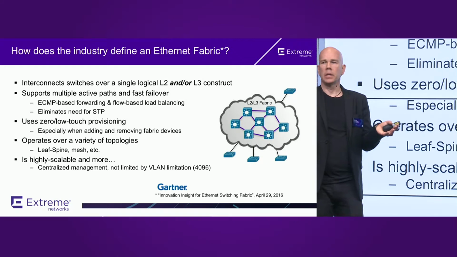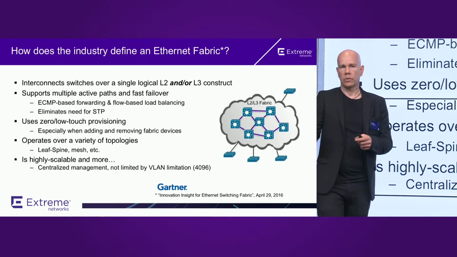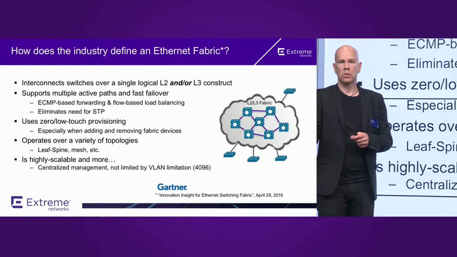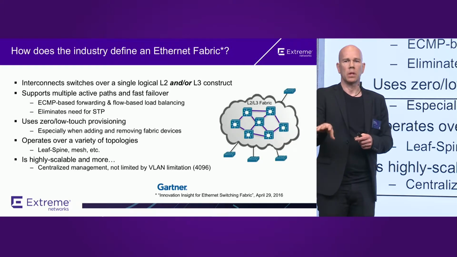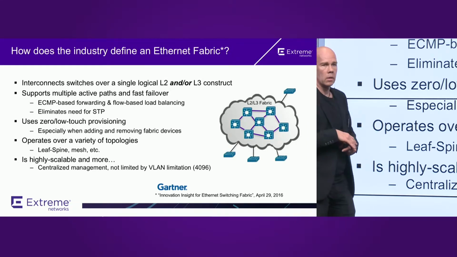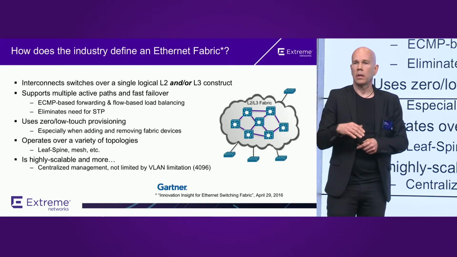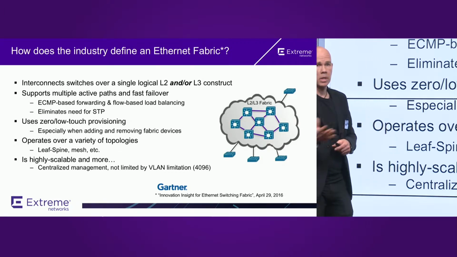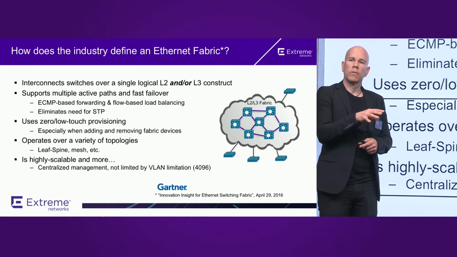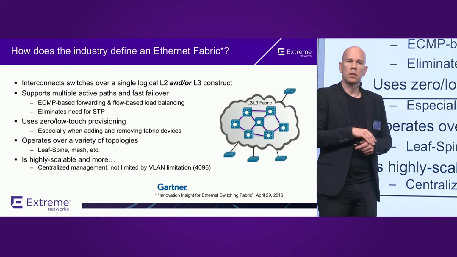This would be ideal because it's zero touch. You don't really need to touch the fabric. It just starts to do some kind of signaling to form itself. And then you look at a variety of topologies: leaf spine, mesh, and so on and so forth. So once again, this is, from an industry point of view, how a fabric is defined.